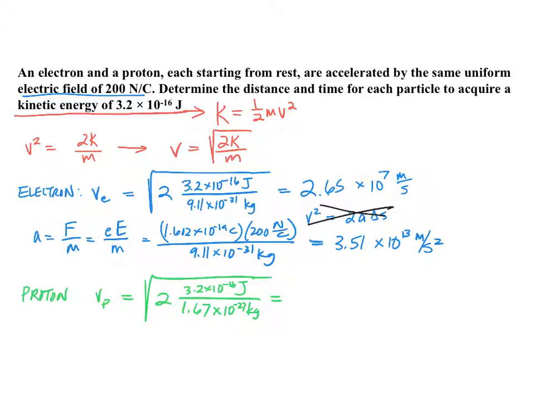And that means we're going to get a speed of 6.19 times 10 to the fifth meters per second. And if we go through the same rigmarole for acceleration, above we'll get 1.92 times 10 to the 10th meters per second.